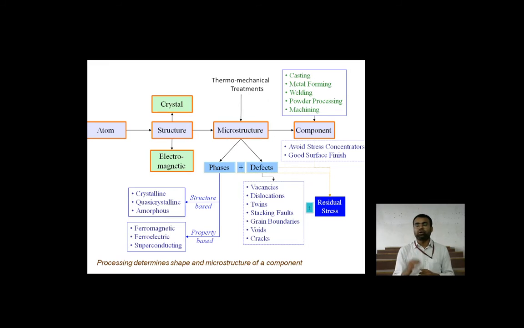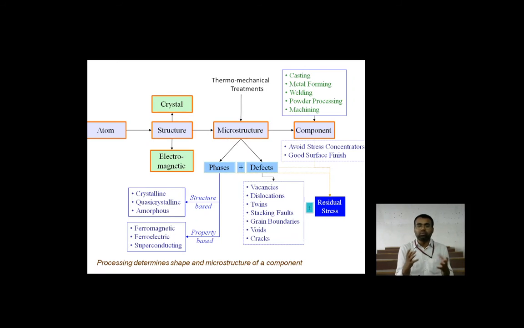Powder processing is done by compacting the powder of a particular material. We compact the powder in a certain die, and through that compaction the atoms or nuclei stick together, creating a solid piece.